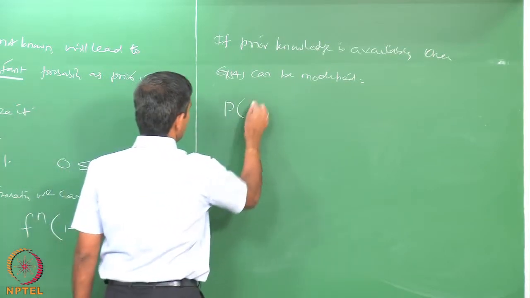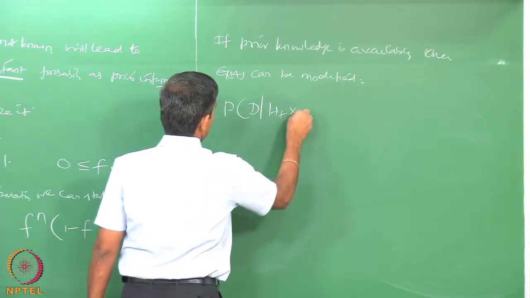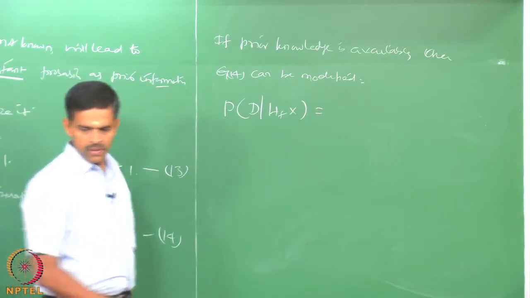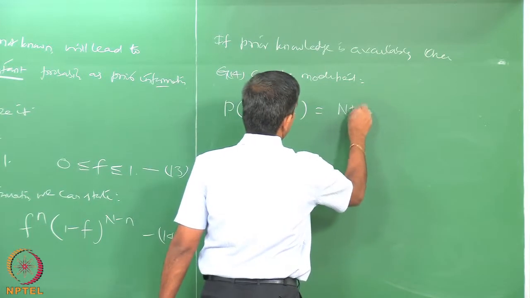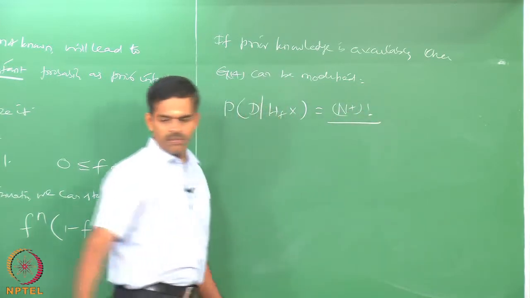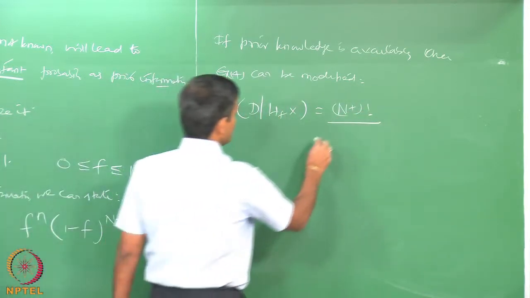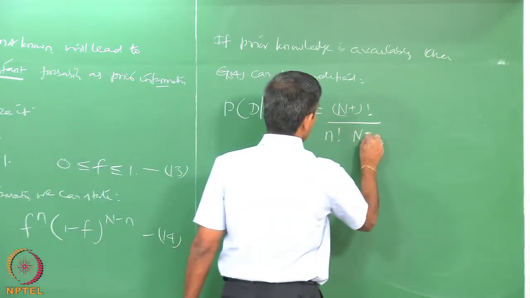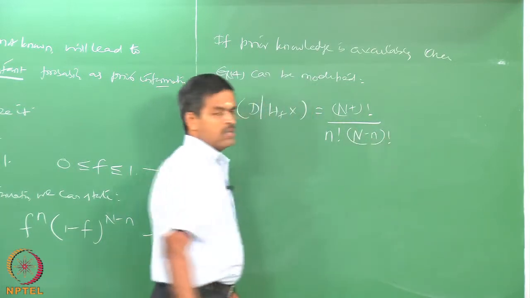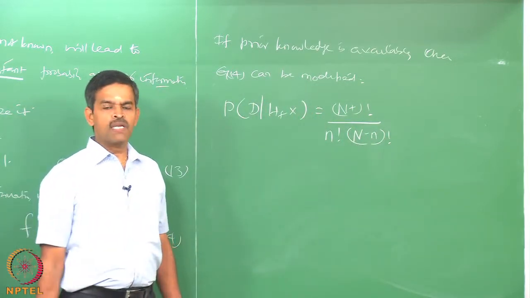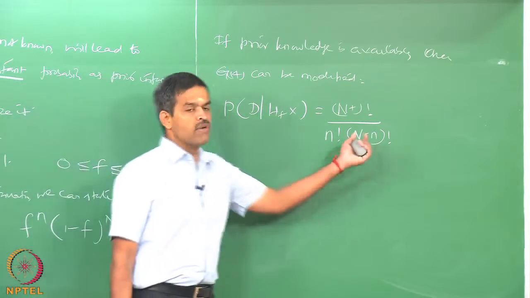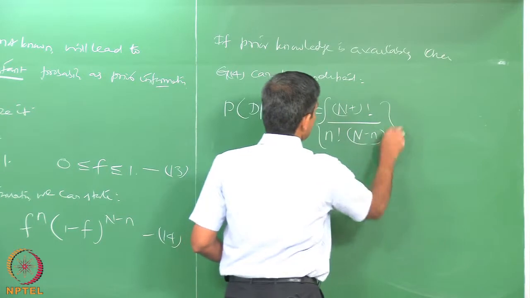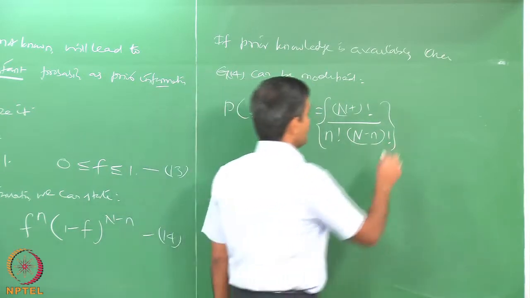Probability of D given h of x is (N plus n) factorial by n factorial (N minus n) factorial, because in an inspected platform earlier, out of capital N you already saw that small n were failing. So, you have prior information. Multiply this factor to your information.